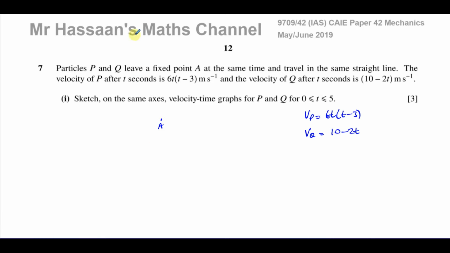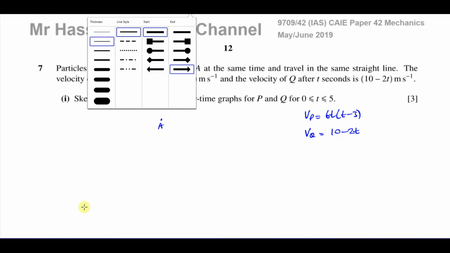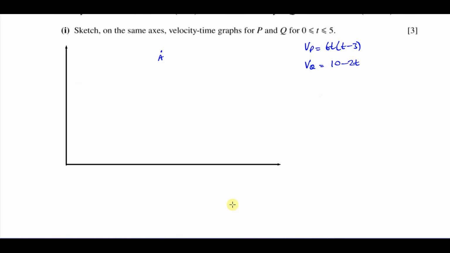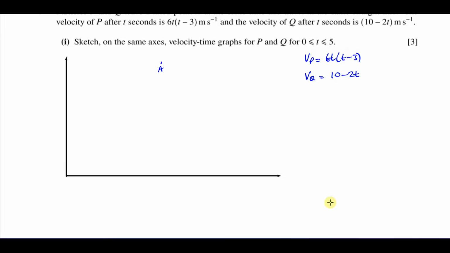So first I'm going to draw my axes, the y-axis being the velocity and the x-axis being the time. We can see that we have a quadratic, and it seems we're going to have a negative velocity there, so I'm going to extend the y-axis on the negative side.